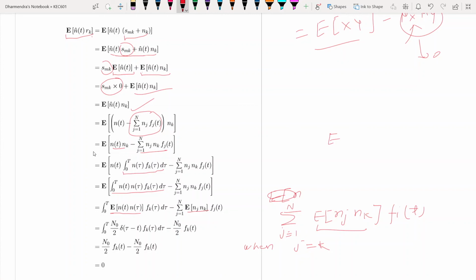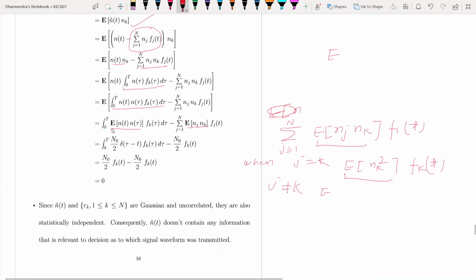When j is not equal to k, the joint expectation of nj with nk will be 0. So the summation disappears and only this term appears, because the remaining terms are 0 due to being uncorrelated. So I can write it like this.